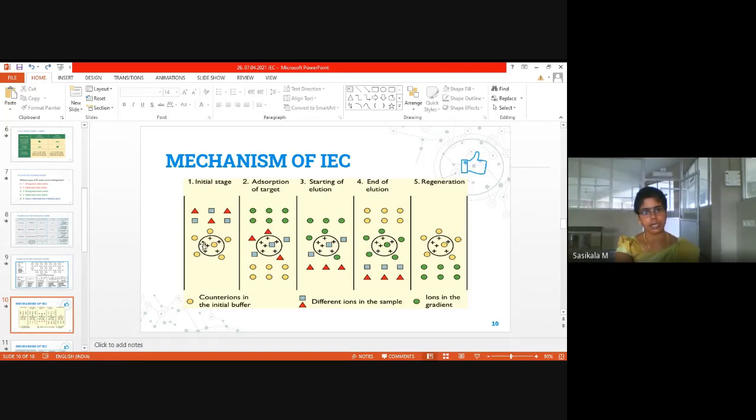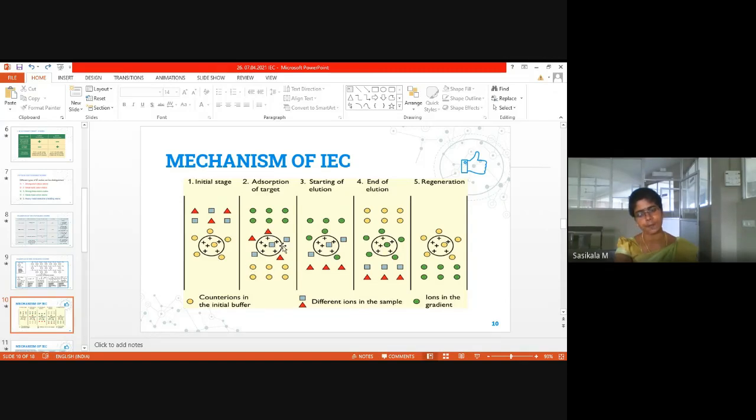This is the mechanism. The first stage is the initial stage: only mobile phase ions, the initial buffer, saturate the matrix. Then you load the sample, which is allowed to react with the matrix, where mobile phase ions are replaced with sample ions. What is the charge of these ions?